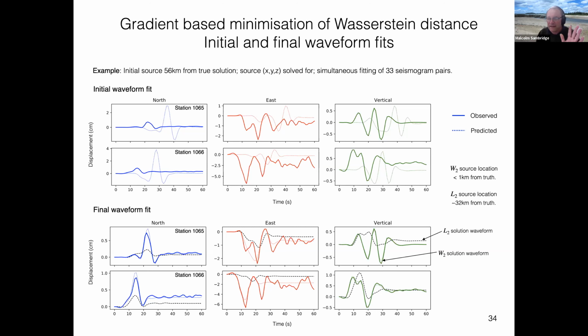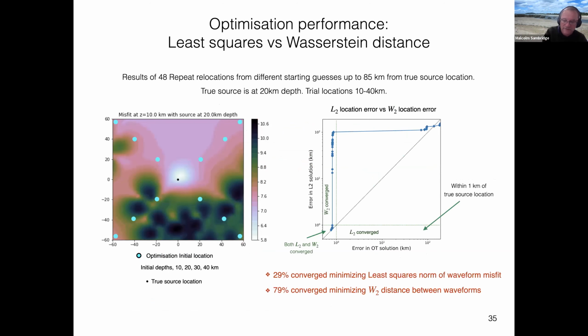Now, that's just one case to show you fit to data, a case where Wasserstein works and L2 doesn't, but let's compare it across a whole range of starting solutions. So if you look at the left-hand side here, and we're almost at my final slide, the cyan dots are different XY locations that I've started. I've done 48 repeat inversions here, trying to find the solution from the locations of the blue dots at 4 different depths.